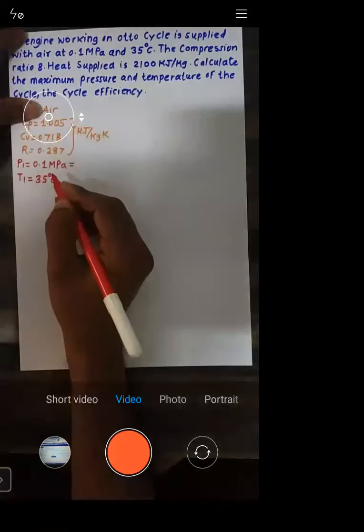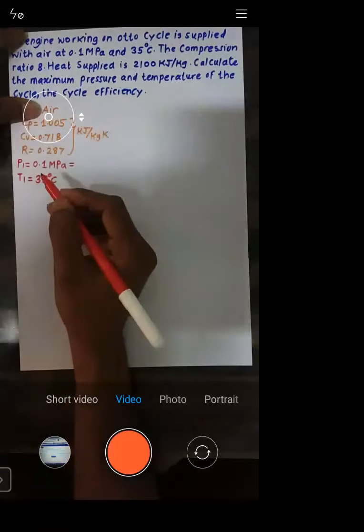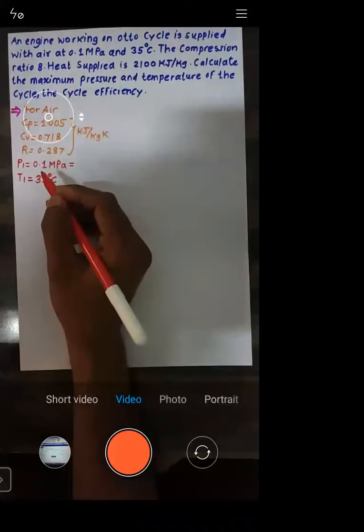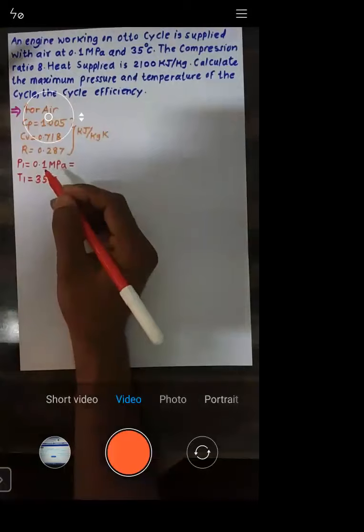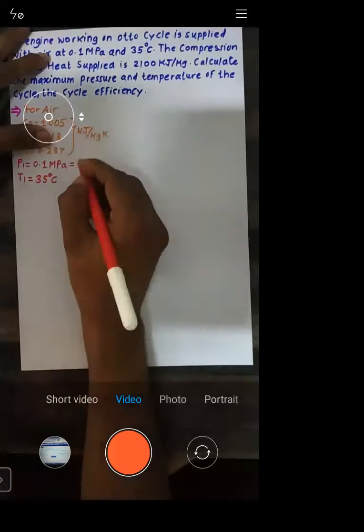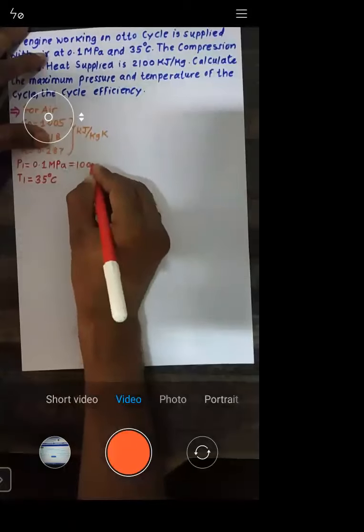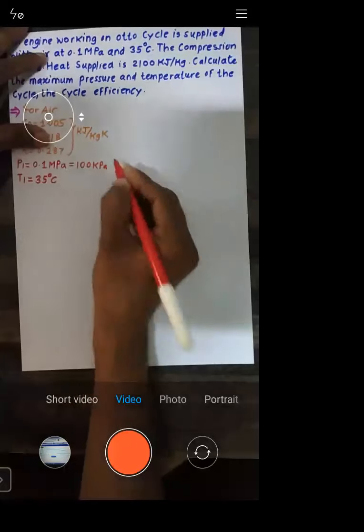So 0.1 megapascal means 0.1 into 10 raised to power 3, which is nothing but 100 kilopascal. This pressure is 100 kilopascal.